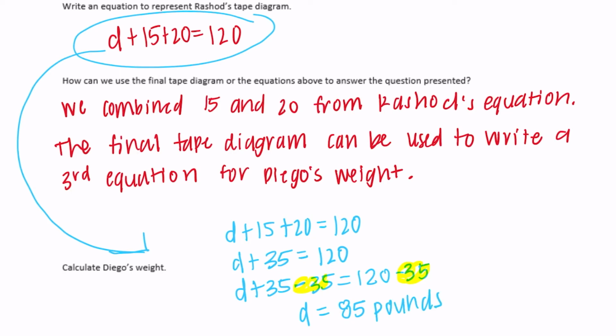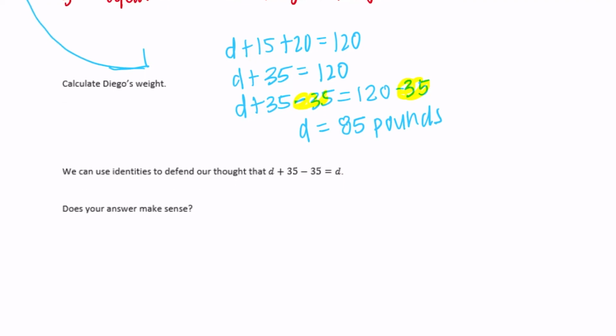So we can use identities to defend our thought that D plus 35 minus 35 equals D. So right, that's the additive inverse. Plus 35 minus 35 is basically saying D plus 0 equals D. Does your answer make sense? So we can go back and check and see if what we've done makes sense.